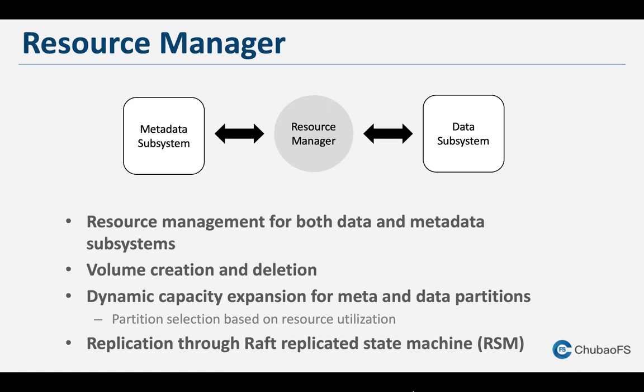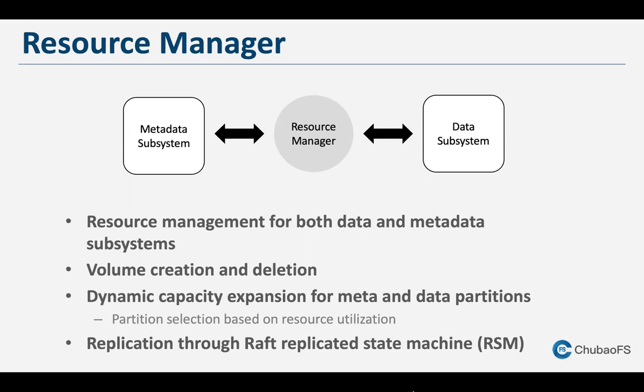So when we see a meta partition is about to be full, we will cut down the inode ID range for that meta partition. Let's say the original inode range is from 0 to infinity, and at a certain point the maximum inode ID on that partition is 100.